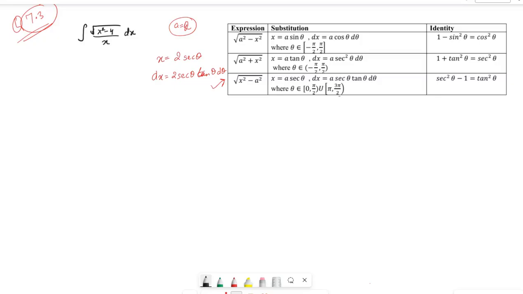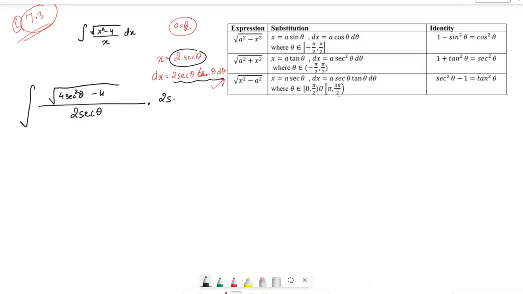Let's see if this works here. Square root, in place of x we are writing 2 secant theta, so it will be 4 secant squared theta minus 4, divided by 2 secant theta, times dx, which can be replaced by 2 secant theta tangent theta d theta.